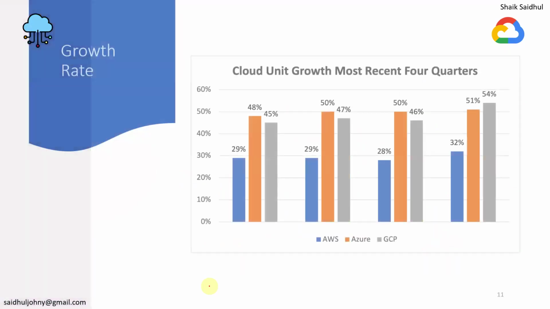Okay. And the next thing, you can also see the growth rate of the Google Cloud Platform compared to AWS and Azure in the number of markets. You can see here, guys, the growth rate for GCP is more than AWS and Azure.